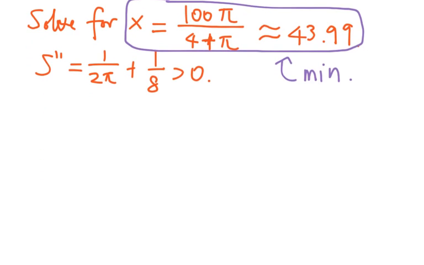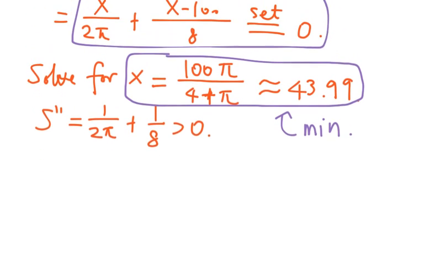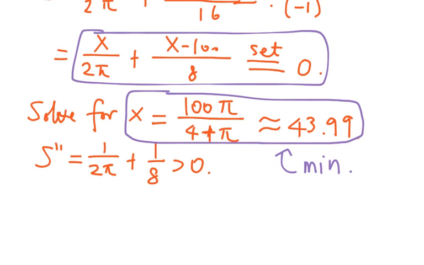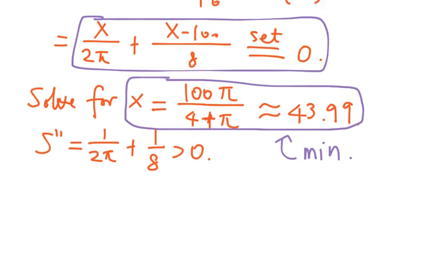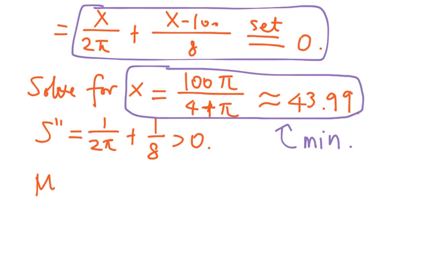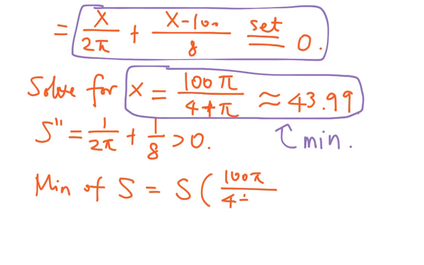And if we plug this x back into the original S function, we will have the minimum of S equal to 2500 over (4 plus pi). Okay, this is the minimum.